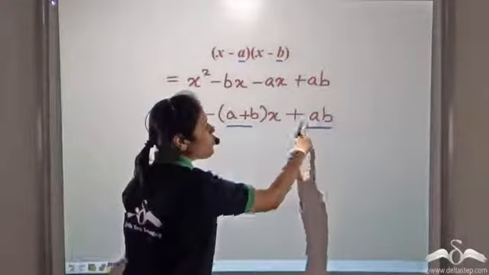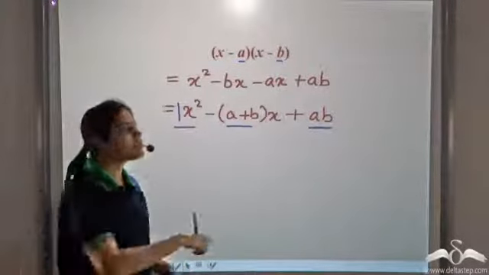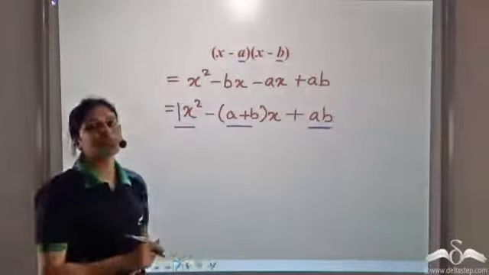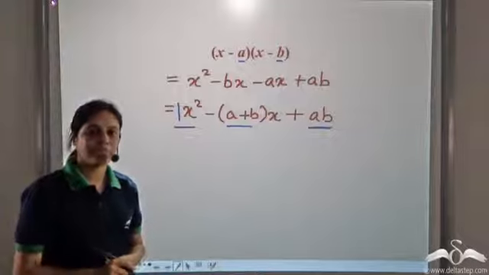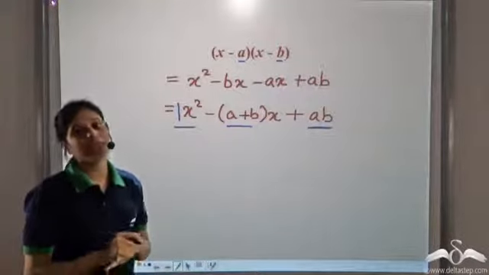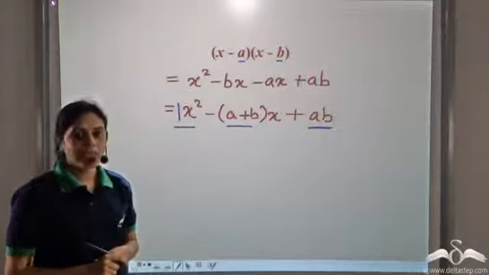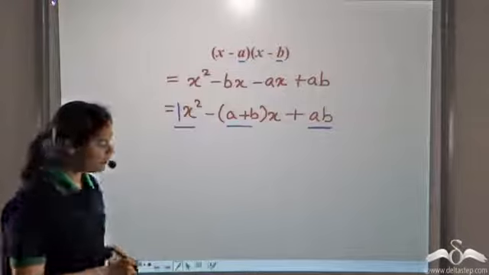Note that you have to consider both the positive and the negative factors of the last term. So if you have ab, you have to consider all the positive and the negative factors of ab. Using this, we can limit our possibilities in hit and trial as well, and we can solve hit and trial in a methodical manner.